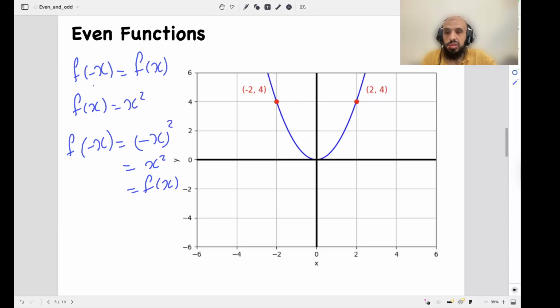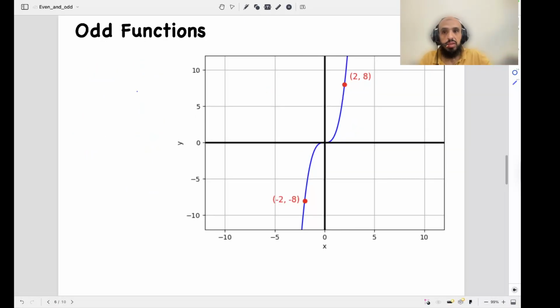So if we have a function where f of negative x is equal to f of x, this is called an even function. On the other hand, what's an odd function? An odd function is defined by f of negative x being equal to negative f of x. For example, here we have the cubic function f of x equals x cubed.